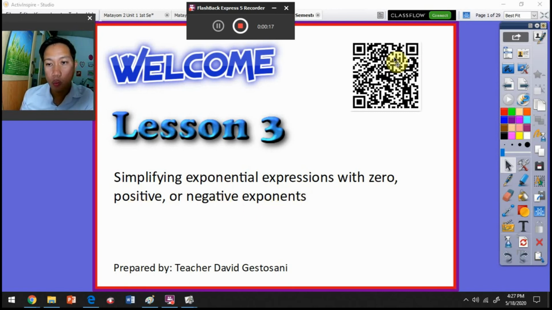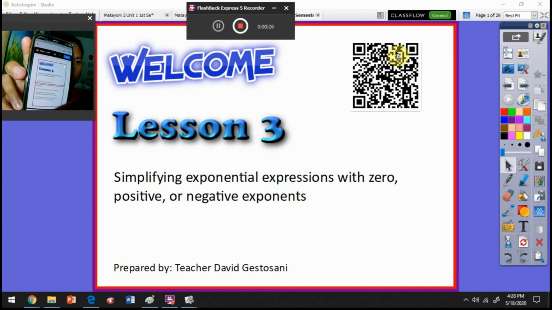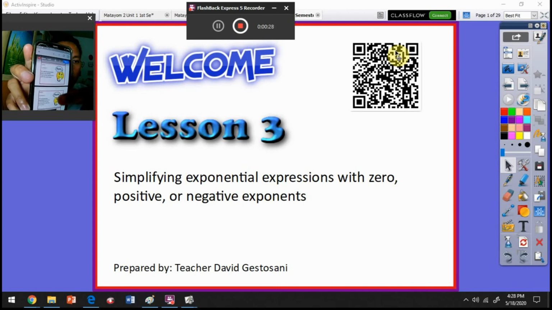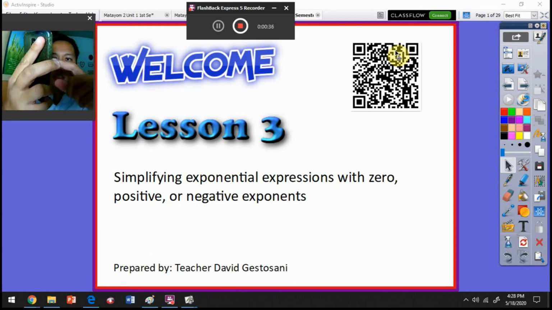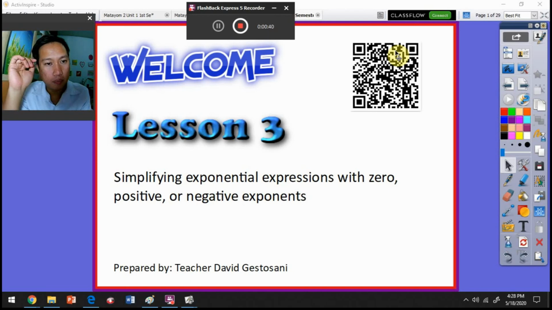Now I have here a QR code where you can scan it with your phone, and you will arrive at this link and you can download it, print it, and then write down your notes here. For today's lesson, it's a lot, and if you can print it, then it's nice.